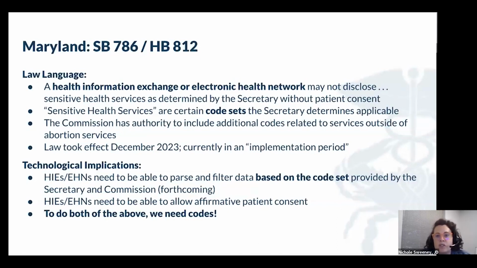So the secretary of the Maryland Department of Health determines certain code sets, and those code sets are pushed out in regulation, and those code sets deal primarily with abortion. And then there is also a commission that has the authority to include other code sets. And the idea here was that the state of Maryland didn't want to keep chasing what was sensitive.